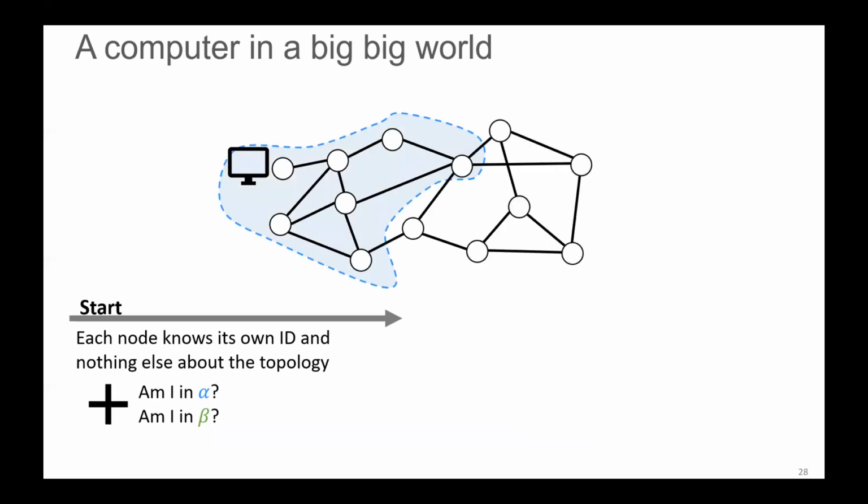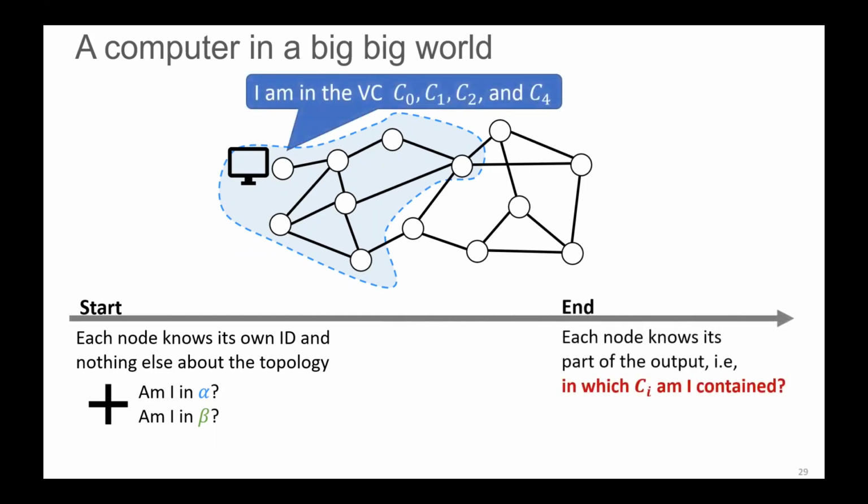At some point, they've seen information from some part of the network, some part they haven't seen, and still what they need to output at the end is the schedule. This means they should output their own part of the solution in the schedule. So they should know in which of the C_i they are contained. And what we asked now: can we in this distributed model compute such schedules efficiently?